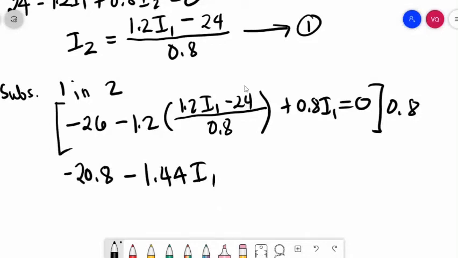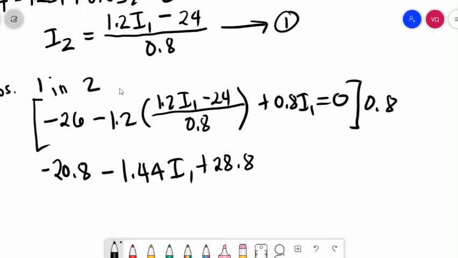So, we have positive 1.2 times 24, positive 28.8. 0.8 times 0.8 is equal to 0.64 I1 is equal to 0.